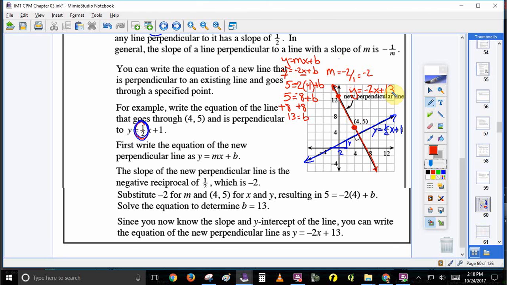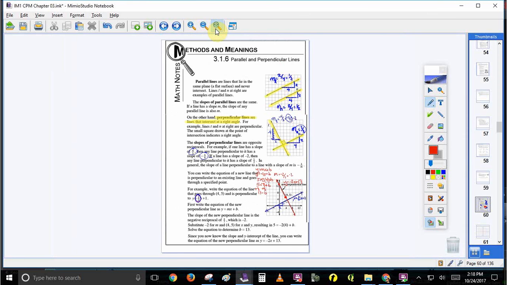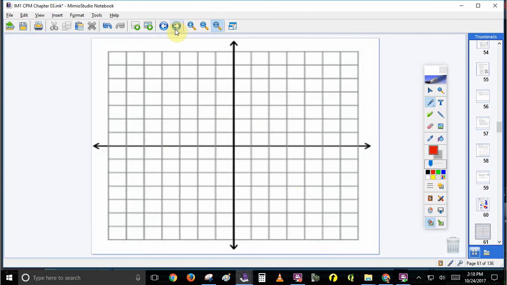All right. On the next slide, guys, we're going to give you one similar to that to do. Let's say that we have a line that looks like, we'll draw it like this. I'll make it a little bit thicker here so maybe you guys can see it a little better.